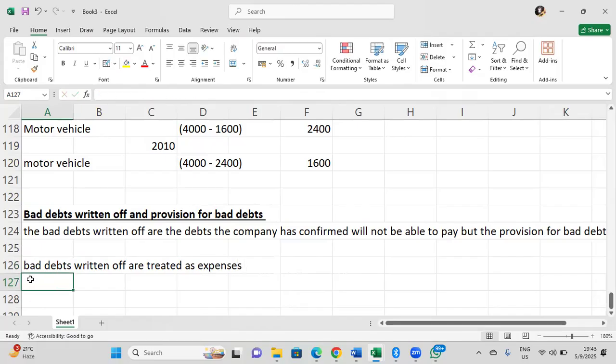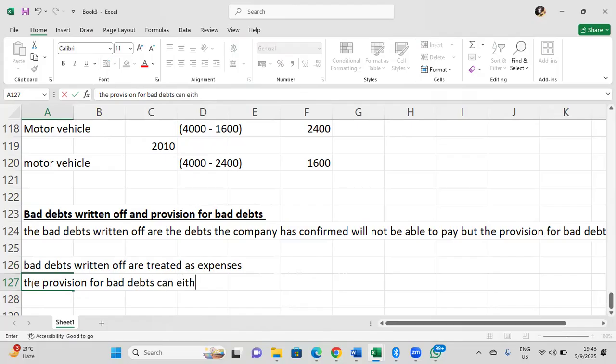But for the provision for bad debts, that estimate can either be an increase or a decrease. It can either be an increase or a decrease.